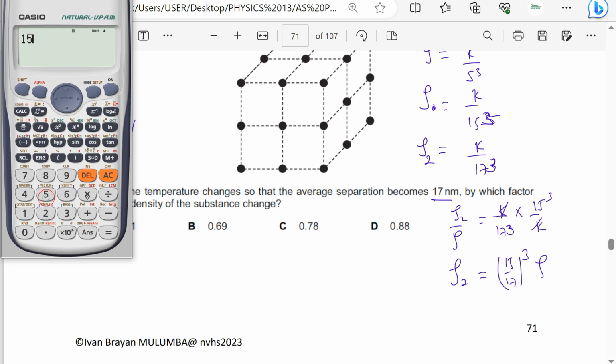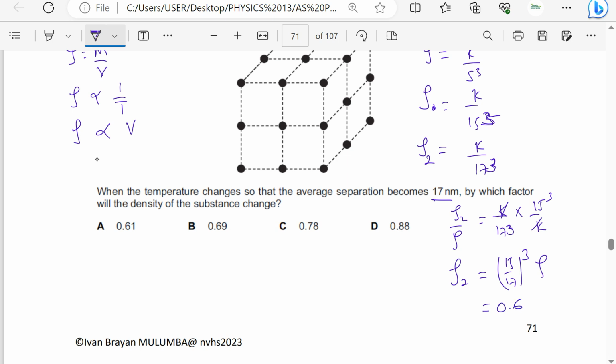So 15 divided by 17, and this is power 3, which gives us 0.69 times rho. So it means our answer is going to be B, by a factor of 0.69. As simple as that.